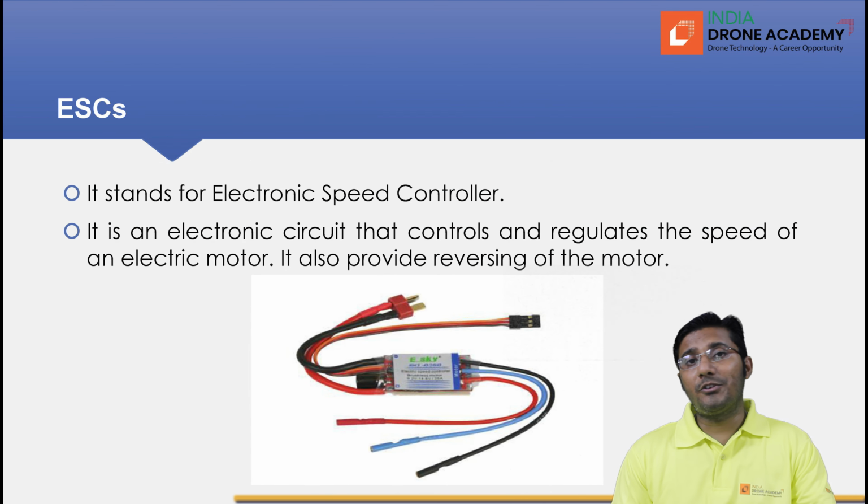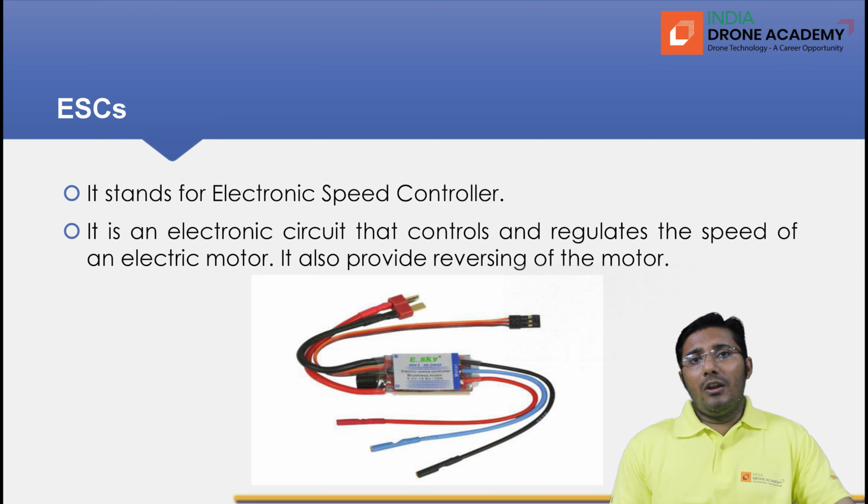The electronic speed controller is used, which has a sensor to identify the location of the rotor's poles, and it energizes the coils of the stator in such a way that a continuous motion of the rotor can be achieved.